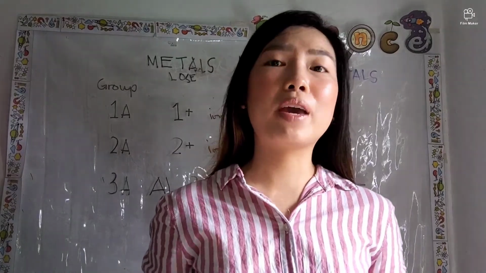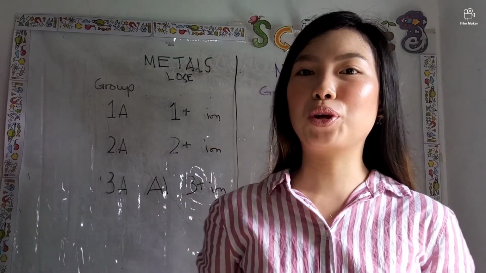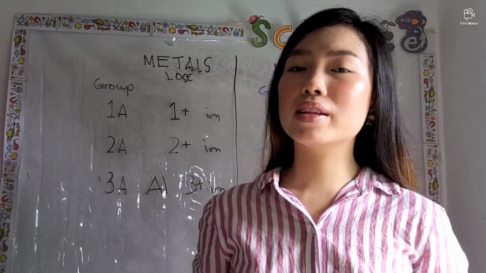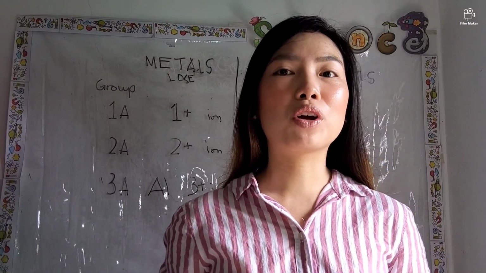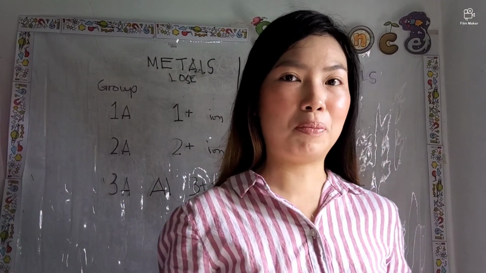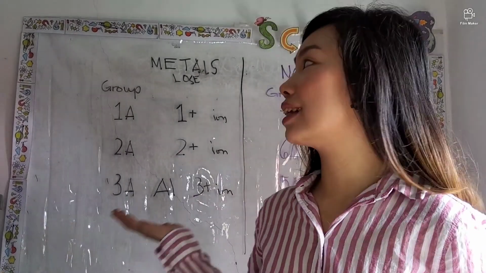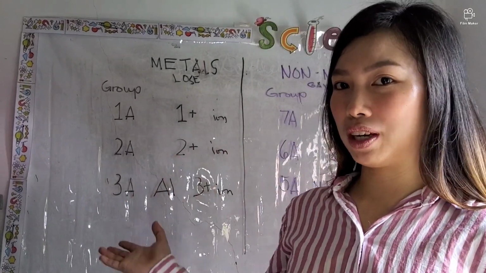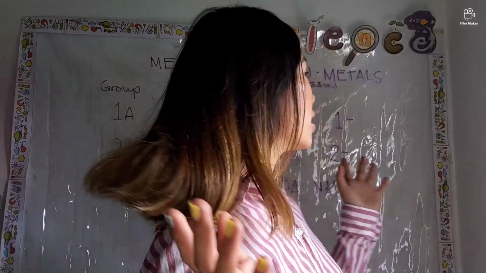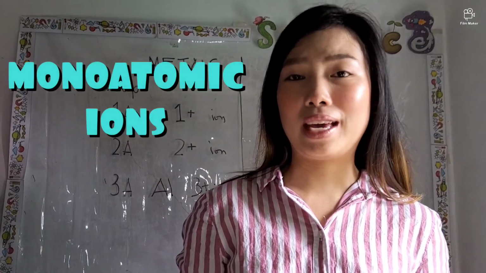Okay, so we only mentioned a few elements in the periodic table, and there are elements that are not mentioned in our discussion on the metal and the non-metal. So kung hindi sila kasali, saan sila belong? So itong diniscuss natin na nauna, from groups 1, 2, 3, and groups 7, 6, and 5, those are called monoatomic ions.